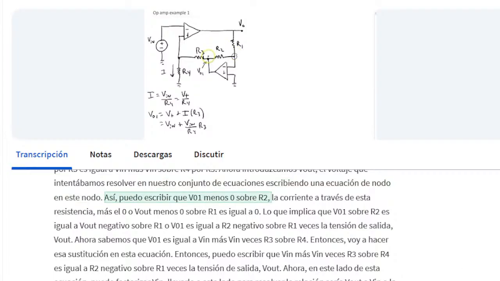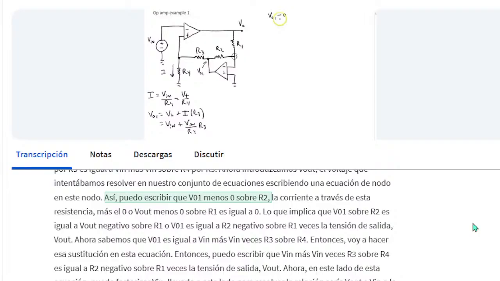So I can write that V01 minus 0 over R2, the current through this resistor, plus V out minus 0 over R1 is equal to 0, which implies that V01 over R2 is equal to negative V out over R1, or V01 is equal to negative R2 over R1 times the output voltage V out.